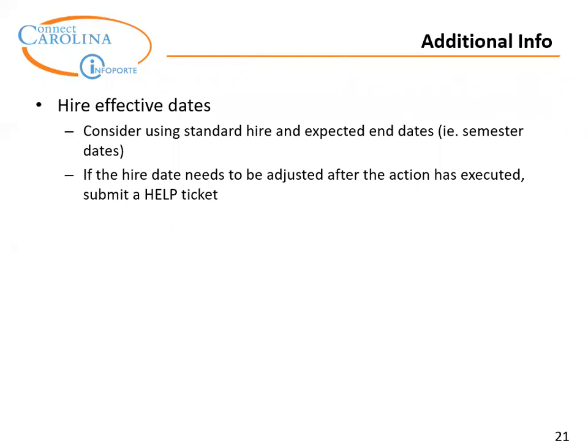Especially with student originators, where in my opinion the online computer training is a little bit lacking. That will never change the hire date. The only way to change the effective date of a hire is to put in a help ticket and get one of the staff to fix that. There's no way to fix the actual effective date of a hire without putting in a help ticket.